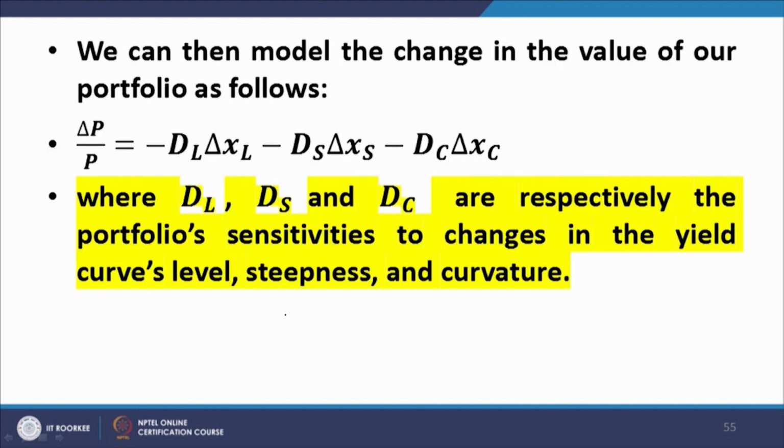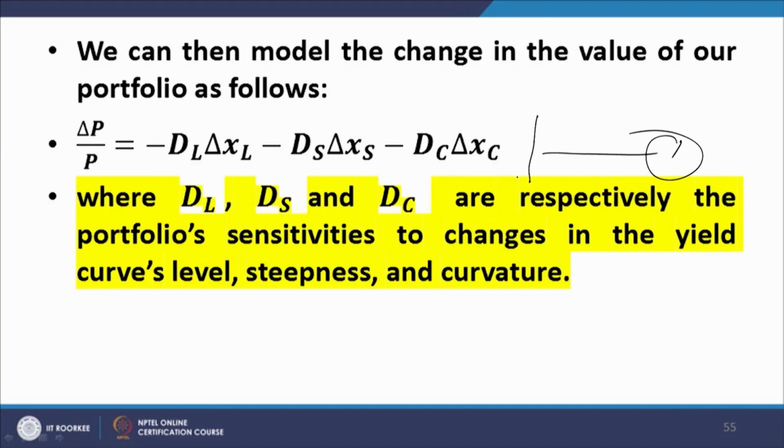We can then model, suppose we agree or it is accepted that the yield curve shifts can be captured by these three types of shifts, that is level shift, steepness shift and curvature shift. Then it is logical that we model the percentage price change in our security in terms of what is given here as equation number 1. DL, DS and DC are the respective portfolio sensitivities to changes in the yield curve level, steepness and curvature.